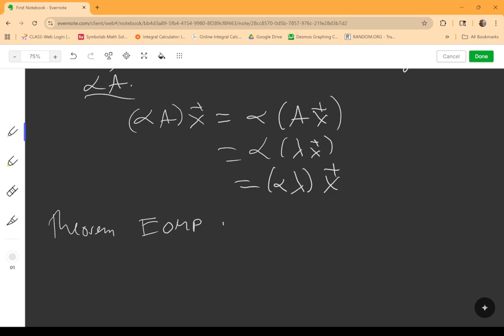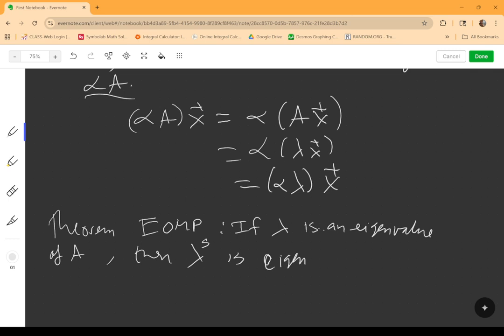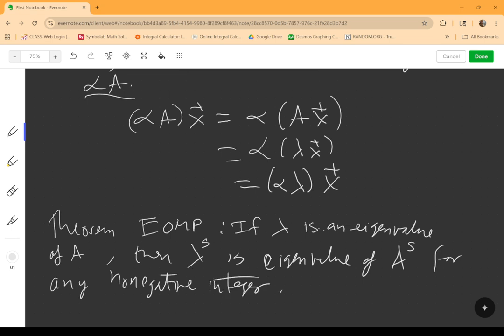This states that if, again, lambda is an eigenvalue of A, then lambda to the s is an eigenvalue of A to the s, for any non-negative integer s.